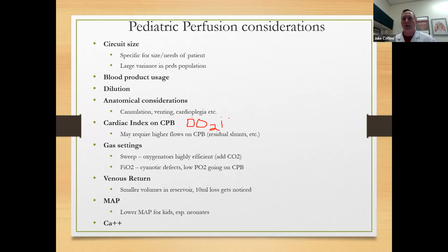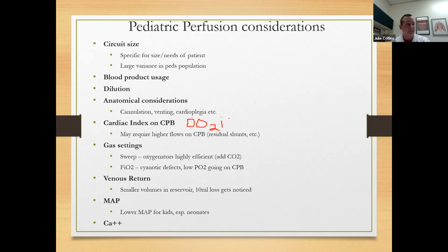So ultimately, we're trying to be above that 2:1 level. Yes, our patients are not exercising, they're anesthetized, they're cooled, they're paralyzed. A lot of their metabolism has been lowered, but ultimately, we're trying to be higher than that 2:1 ratio.